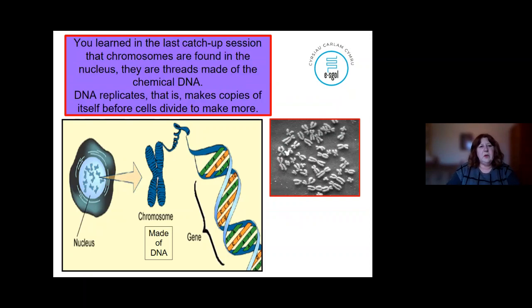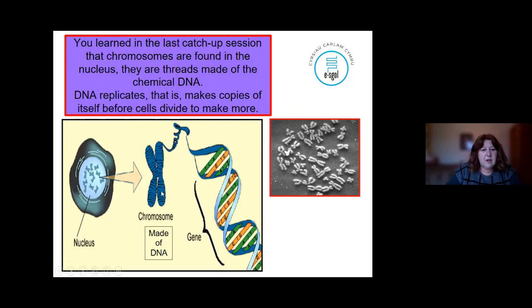Now, we talked last week, if you remember in the webinar, about the fact that chromosomes are found in the nucleus. They are threads, they're made of the chemical DNA. You can see here in the diagram, I've got what looks like an animal cell. It's a fairly roundish shape. You can see the nucleus, and in the nucleus there are these threads called chromosomes.